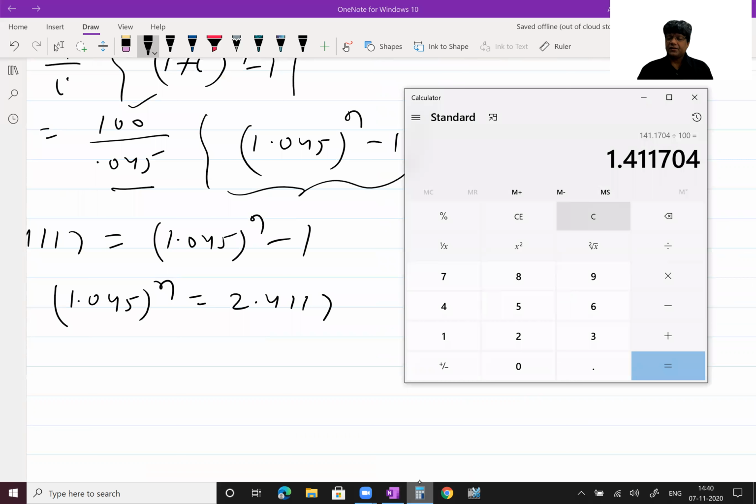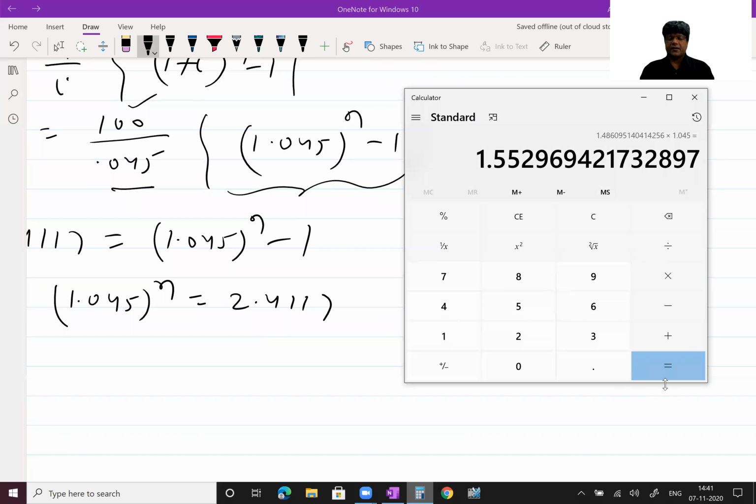Look here, how you do it by calculator. 1.045 into equal to means square. We will keep tapping the equal to button and watch when it comes close to 2.4117. I did up to the square, now checking again. 1.045 into equal to, square, 3, 4, 5, 6, 7, 8, 9, 10.